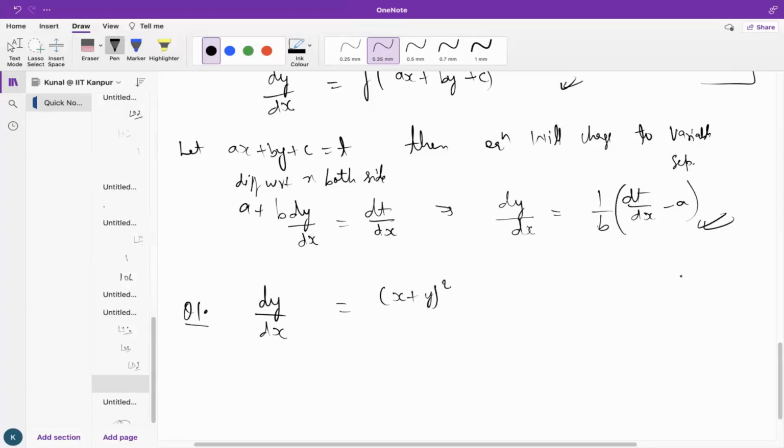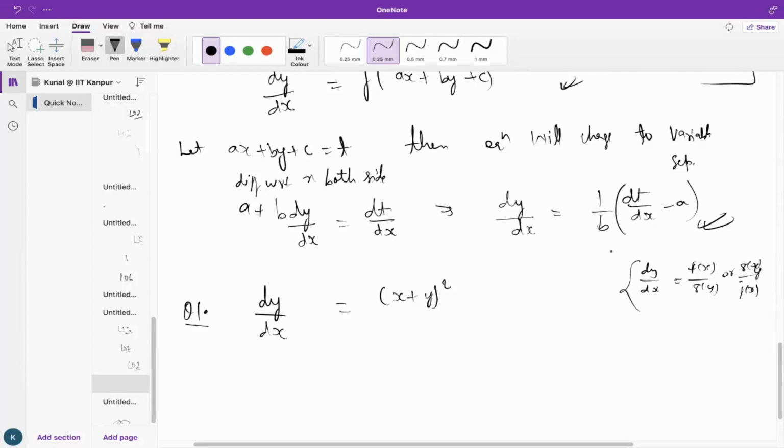In general, our differential equation of order 1 and degree 1, where variable separable is applicable, is of the form dy by dx is equal to f of x by g of y, or g of x by f of y, right? But it is not of that form.